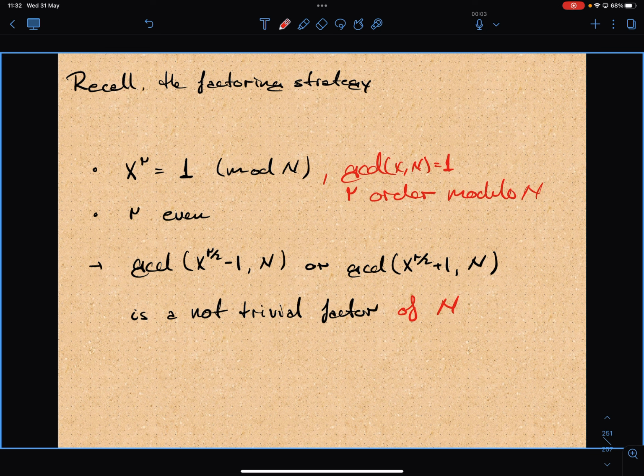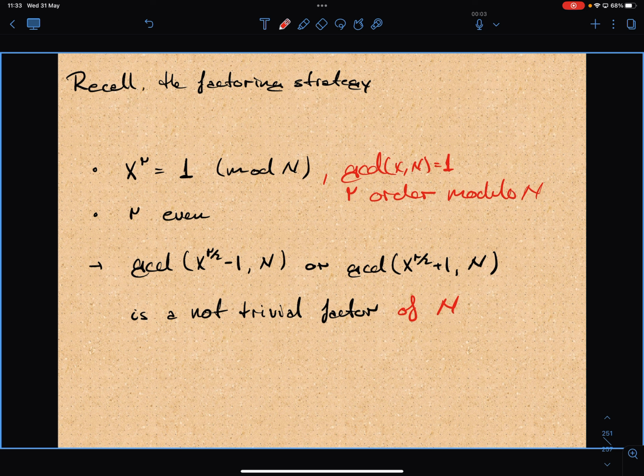And to implement this in a quantum circuit, we need a unitary operator, a quantum circuit to figure out what r is, the order of x modulo n. So that's information that we really need to factor n, figuring out r.